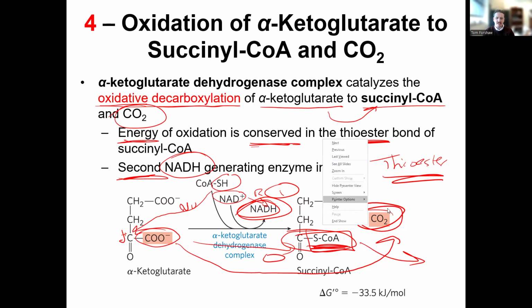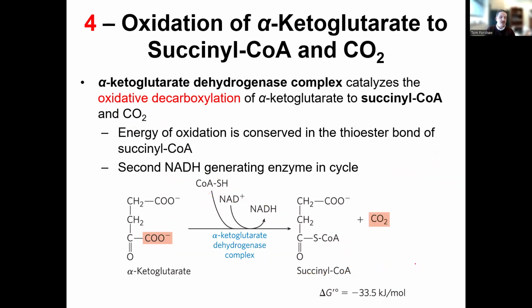To summarize again, I could talk for a whole lecture about this enzyme and go into the mechanism, but we're not going to. The key factor is the oxidative decarboxylation of alpha ketoglutarate, a 5-carbon metabolite, to the 4-carbon metabolite succinyl coenzyme A, which is an oxidation.